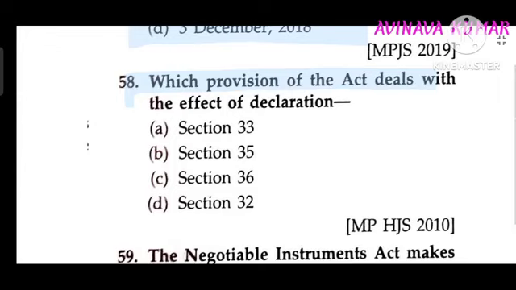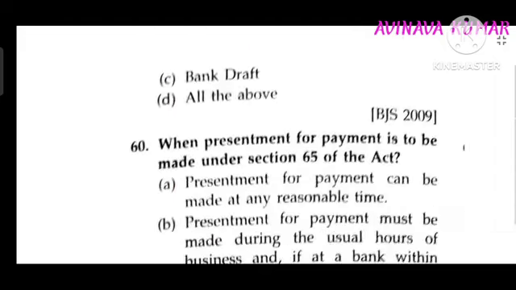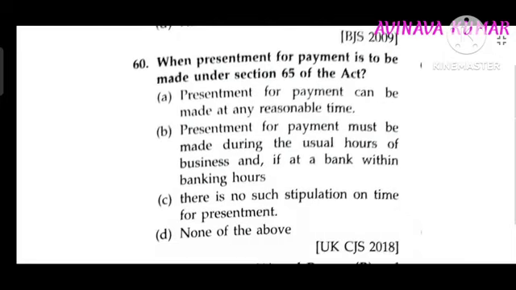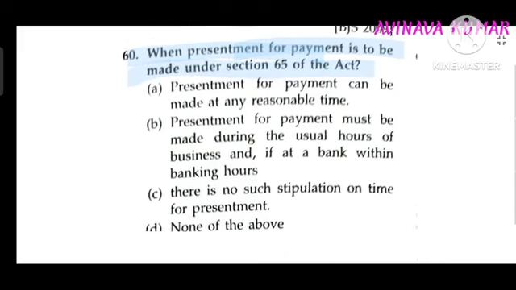Which provision of the Act deals with the effect of declaration? Section 35. The Negotiable Instruments Act makes specific mention of three instruments, namely cheque, bill of exchange and promissory note. What presentment for payment is to be made under Section 65 of the Act?